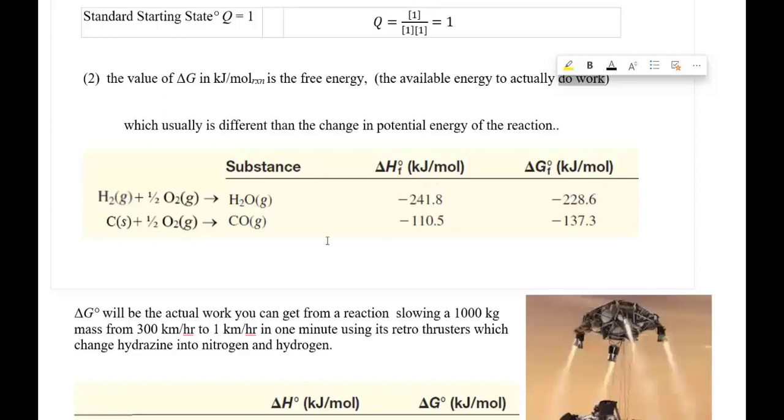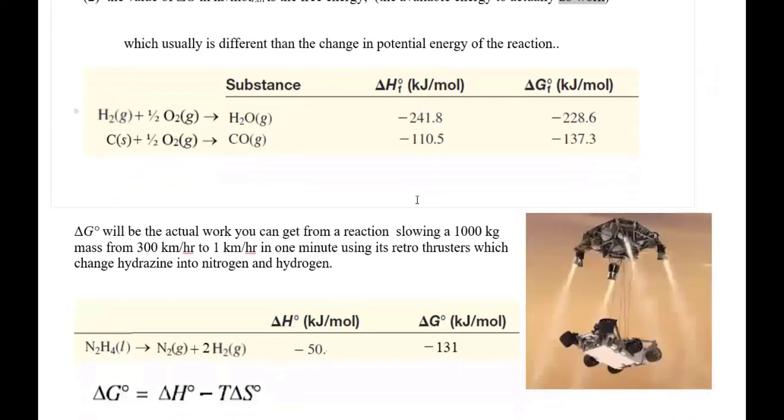In this case, the carbon monoxide, we get 111 kilojoules of heat, but you can harness this reaction to get 137 kilojoules of energy to do something. So delta G will be the actual work, the available work. And they say that's the free energy. It's free to do something, but I prefer the actual work. That gives free energy will be the actual work you can get from the reaction.